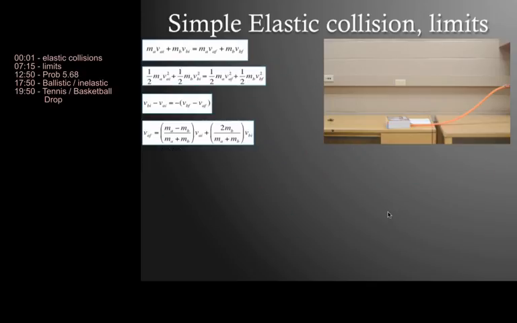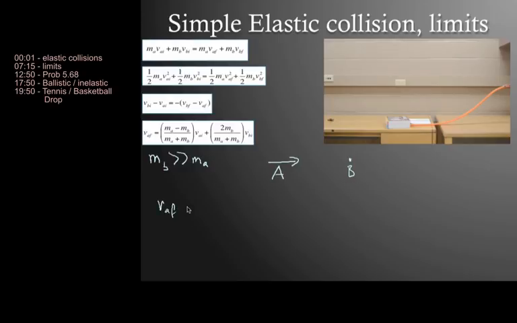So let's consider one more case. Here we're going to consider what happens if MB is much bigger than MA. So A is moving along and it runs into a stationary B. But in this case, B is the one that's really massive.